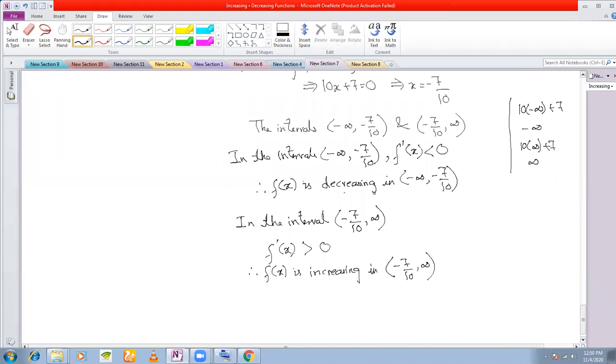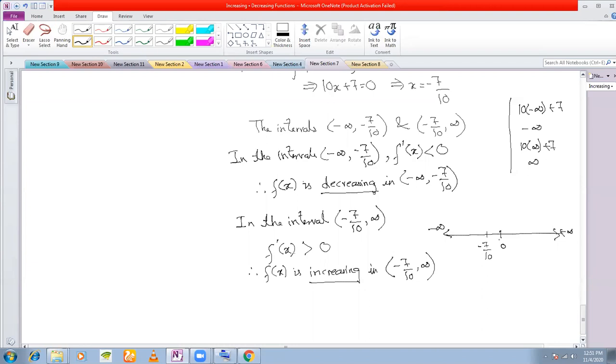So in this interval the function is decreasing, and in this interval the function is increasing. If I draw roughly, this is my 0 and this is my minus 7 by 10, with minus infinity and plus infinity on the x axis.